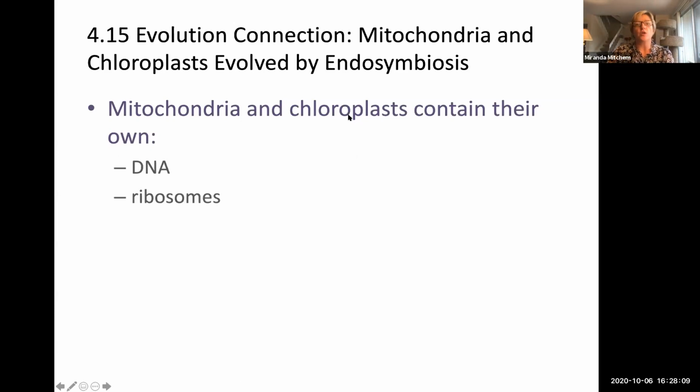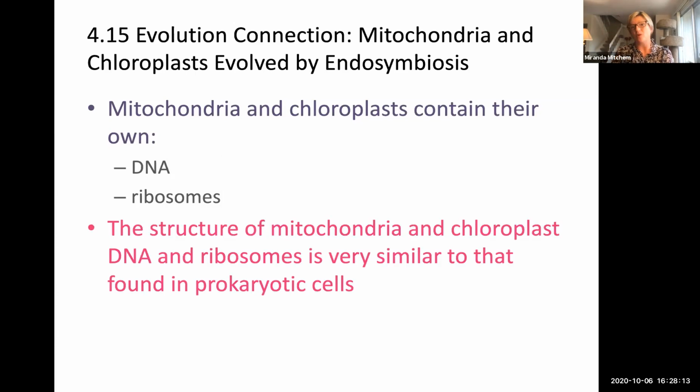So mitochondria and chloroplasts have their own DNA, their own ribosomes, and their own enzymes. The structure of the ribosomes that are present in the mitochondria and the chloroplast is the structure of the prokaryotic ribosome. It is not the same structure as all of our other ribosomes, which are eukaryotic.